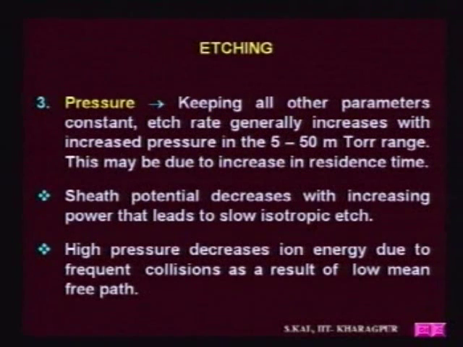Because of that frequent collision and lower mean free path, it will decrease the ion energy, because you are interested in how many ions are reaching the silicon or silicon dioxide surface, which is the substrate surface basically, and that substrate is kept on the cathode electrode. So, high pressure may decrease ion energy because of a lot of collisions inside the plasma chamber.